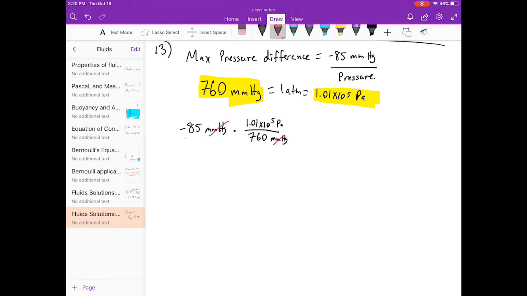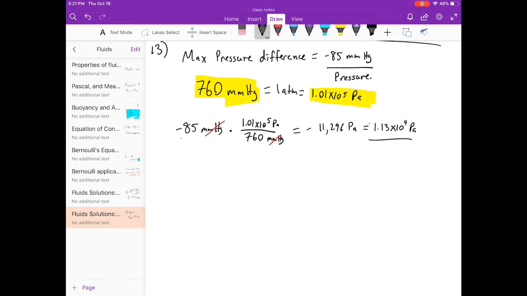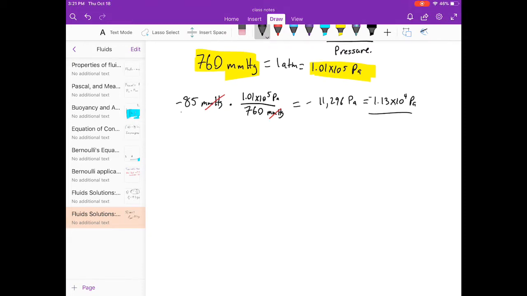That way, those units cancel, and we're left with pascals. When we do that, we find that 85 millimeters of mercury is equal to 11,296 pascals, or let's just say 1.3 times 10 to the 4th pascals. That'll be good enough for us. We'll put a negative on there, and we'll figure out what that means now.